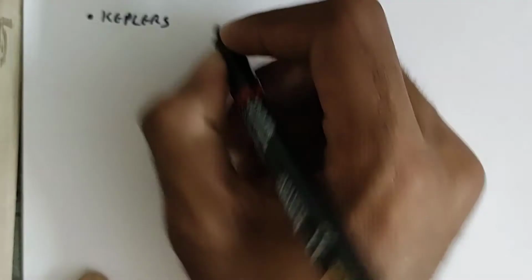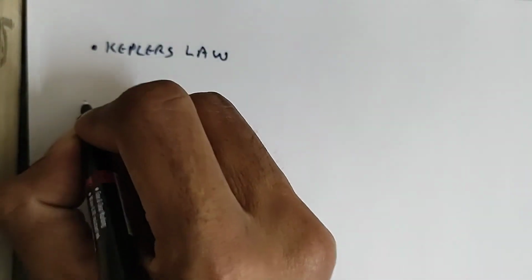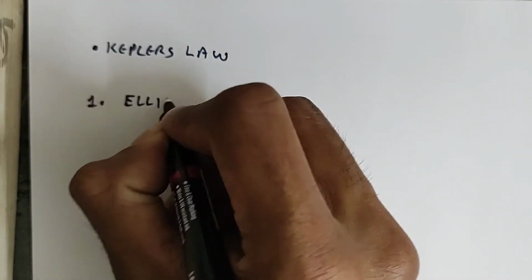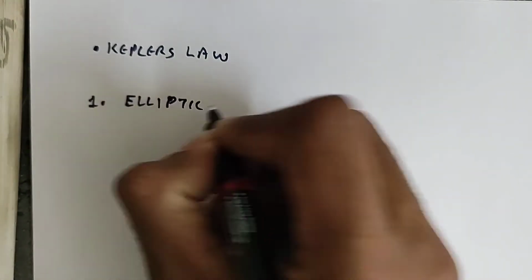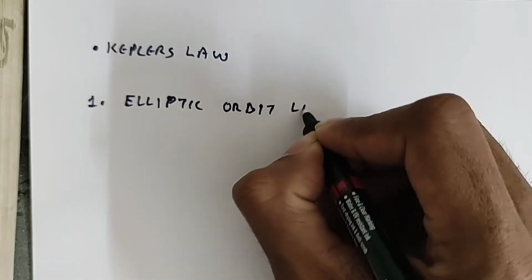Okay. Johannes Kepler, great man. So, starting with Kepler's law. The first law is the elliptic orbit law.